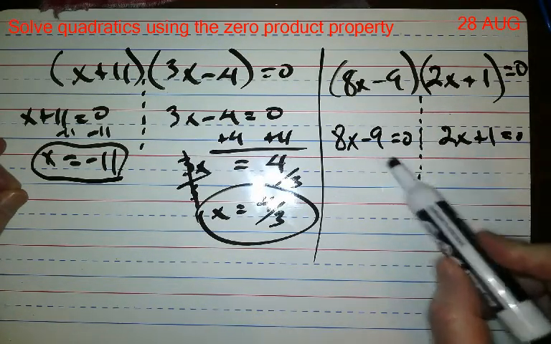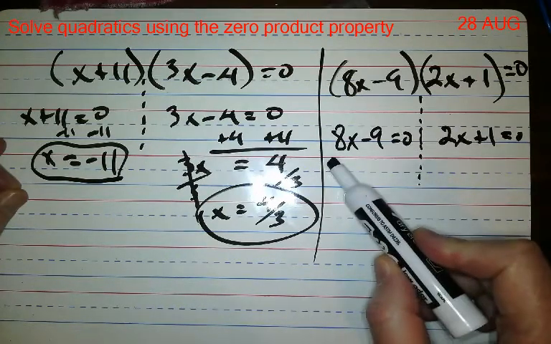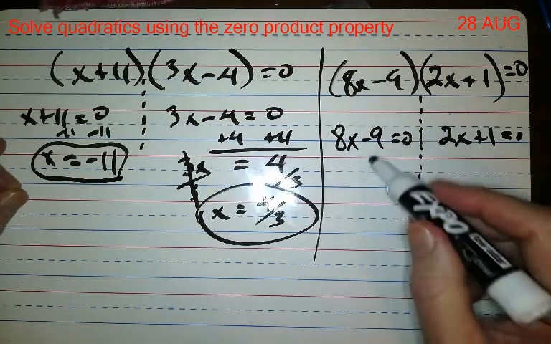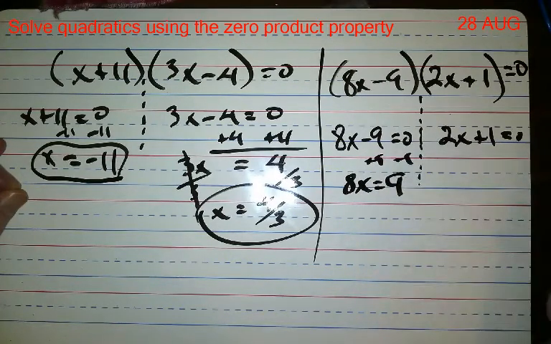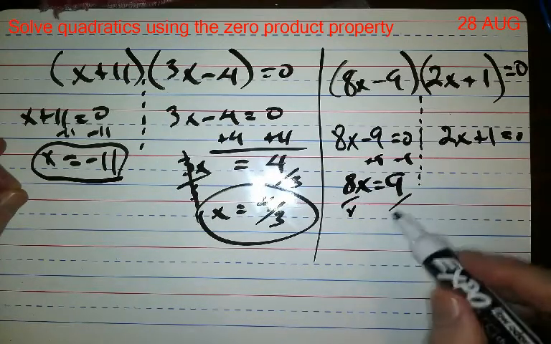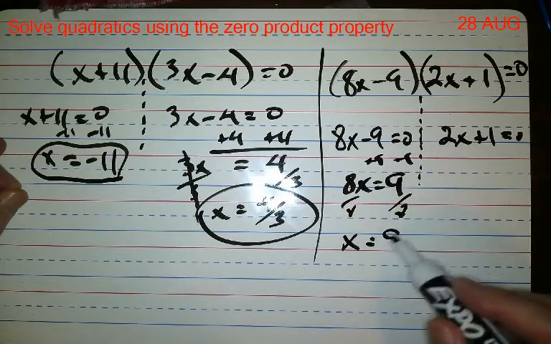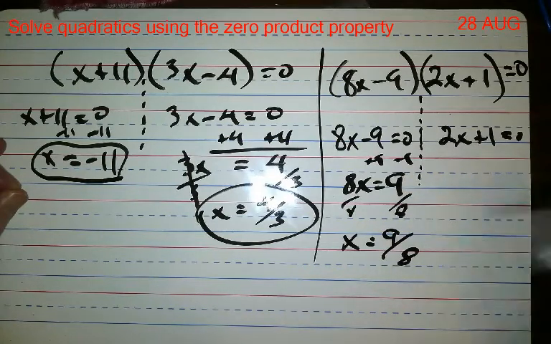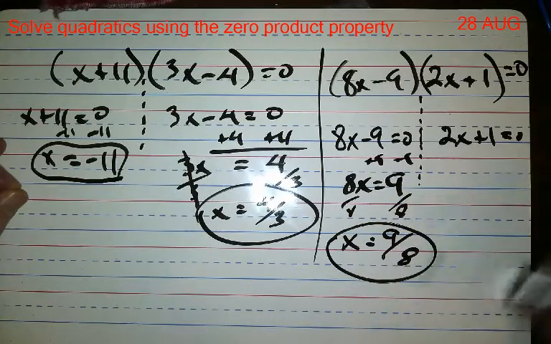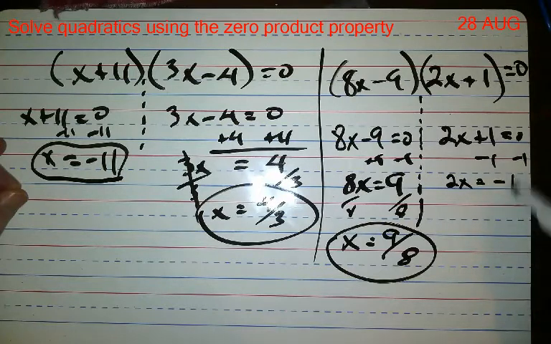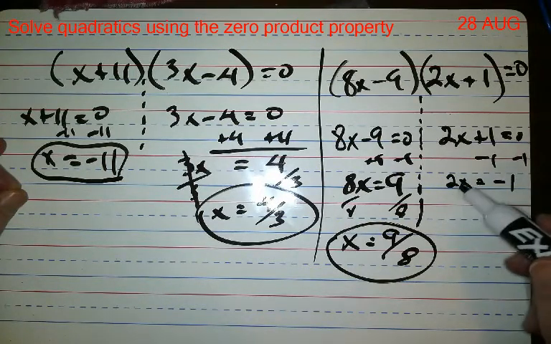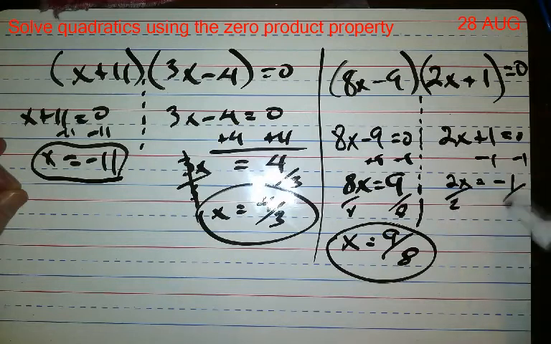I have to add the 9 and then divide by 8. X is 9 divided by 8. That's one answer. What's the other one? Well, I had to subtract 1. 2x equals negative 1. And then there's a times right there, so I have to divide by 2. X is negative 1 over 2.